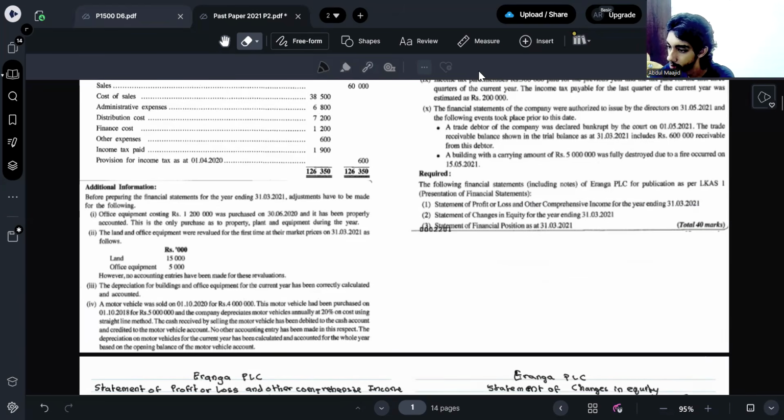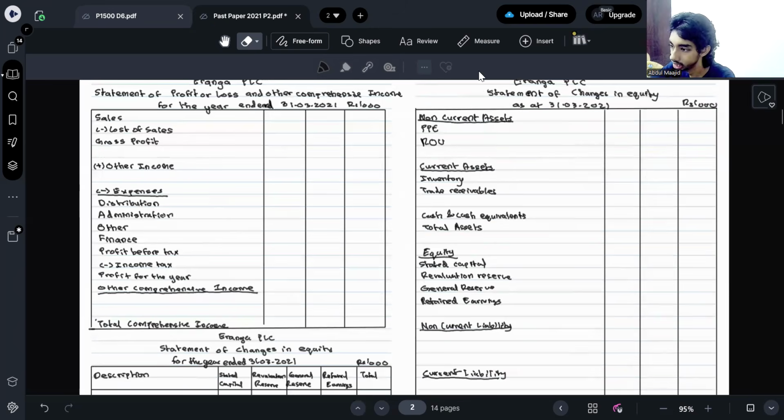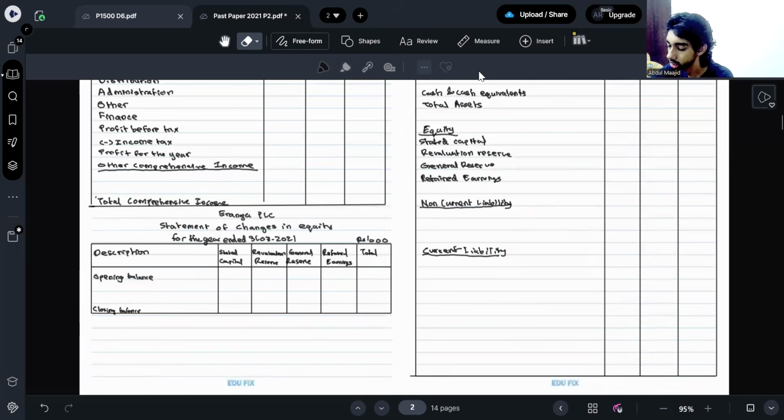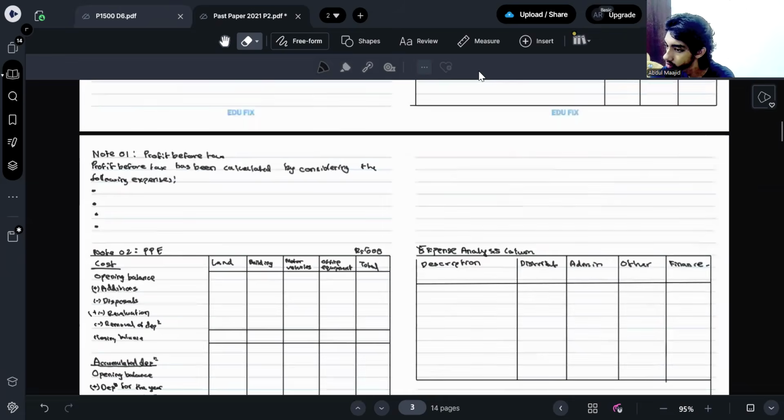We have to make the statement of profit or loss and other comprehensive income, statement of financial position, statement of changes in equity, then we'll have notes and working to do.